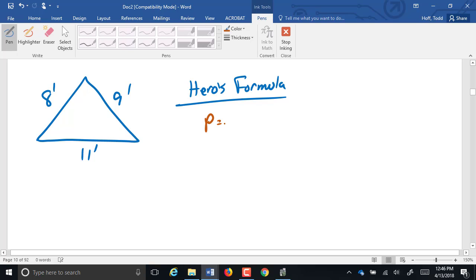Which is called the perimeter, right? So 8 plus 9 plus 11 would be 28 feet here. Then what? Semi-perimeter first, right? Divide it by 2 gives you 14 feet as the semi-perimeter, half the perimeter.